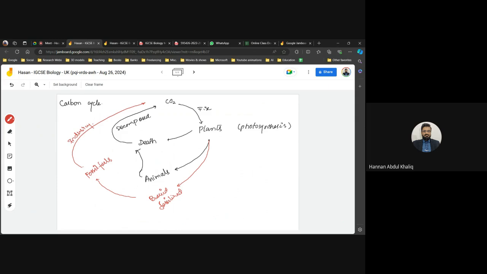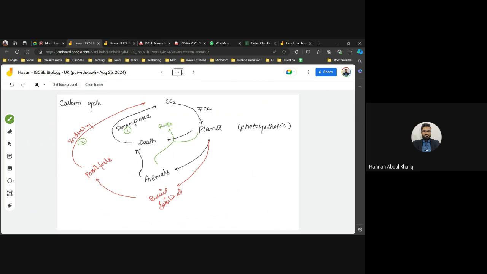The important part here is that sometimes the question is asked: what are the sources of carbon returning back to the environment? Yes, one more thing, sorry, I forgot it. One way of returning the carbon back to the environment is decomposition. Second way is burning the fossil fuels. Third way, animals and plants both perform respiration.